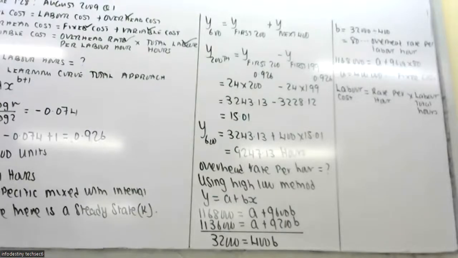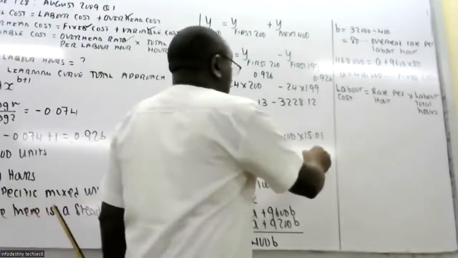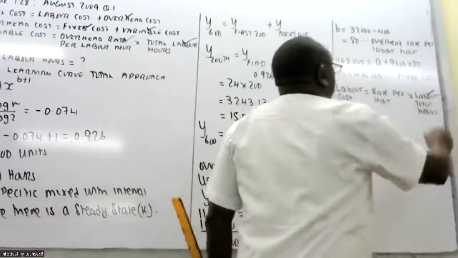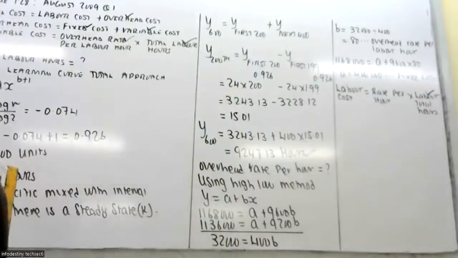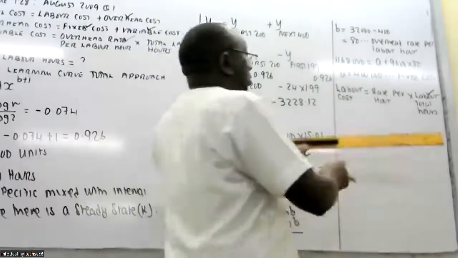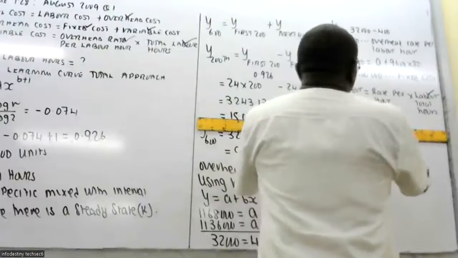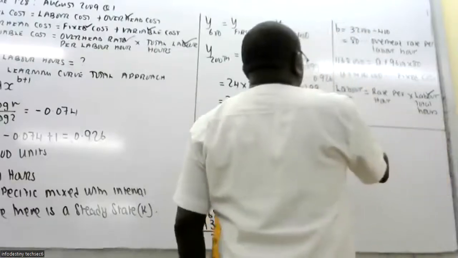We already know the total labor hours, so this one is sorted. The rate per hour in the question is also given: we are given 150. So now we can prepare cost statements.